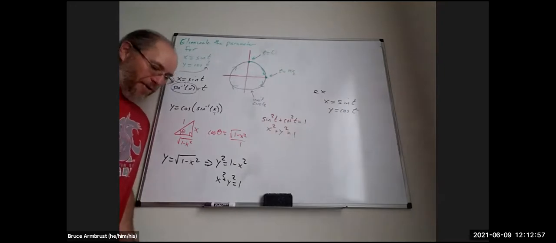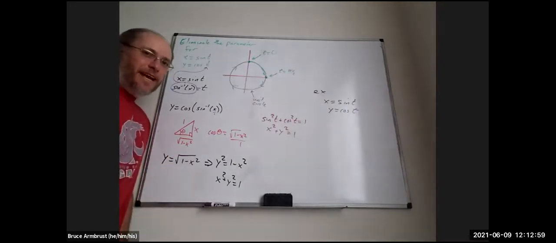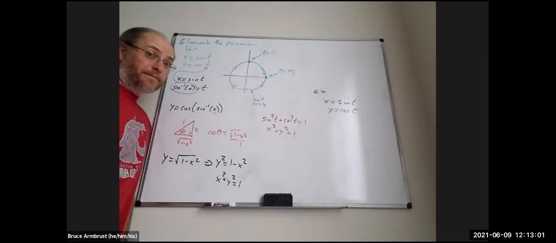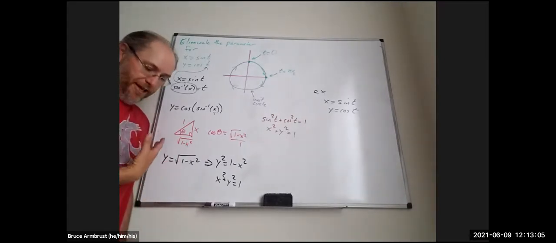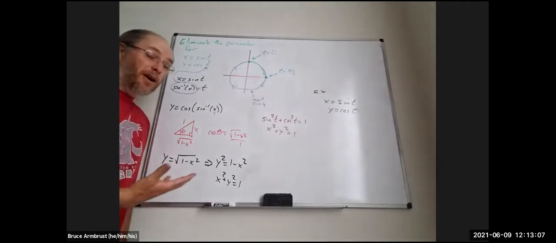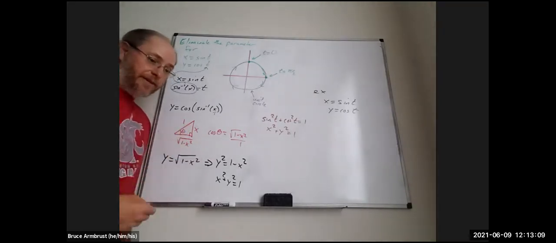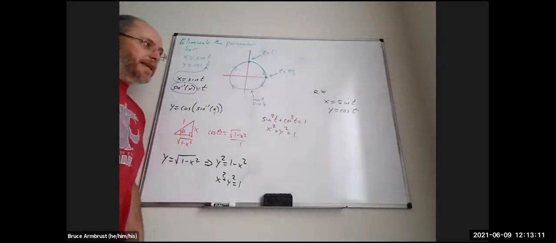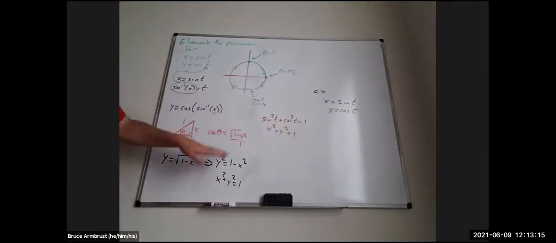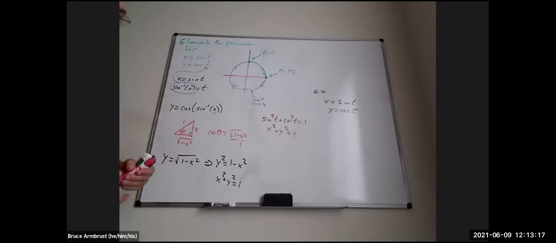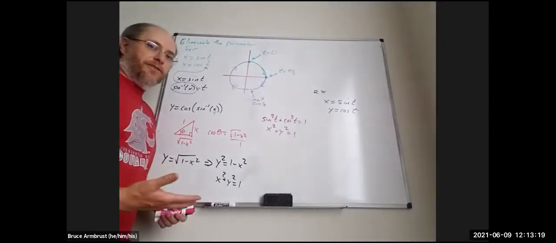All right, so this is the idea behind parametrics. We're just going to describe where we are as we're traveling the path. So you can take parametric equations and eliminate the parameter, so you get to a good rectangular form. And you can go the other direction.